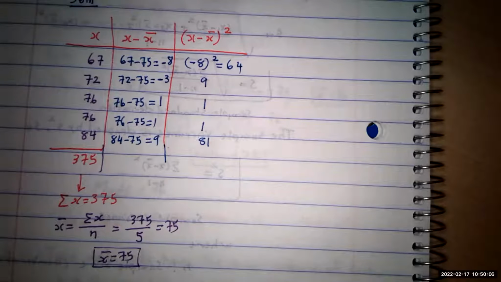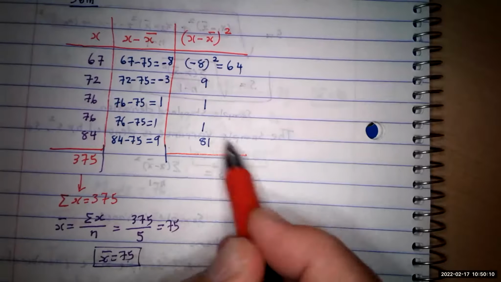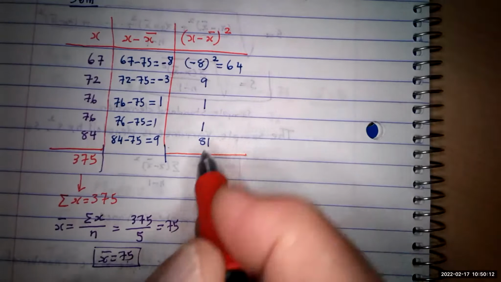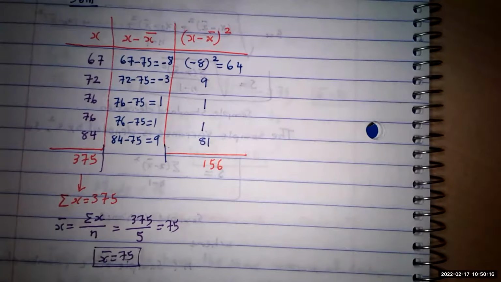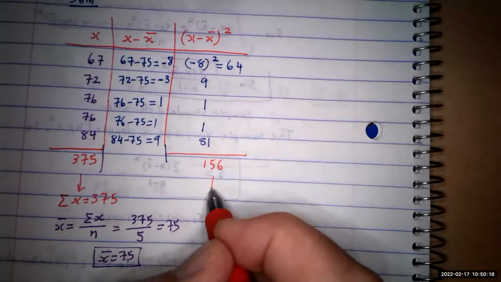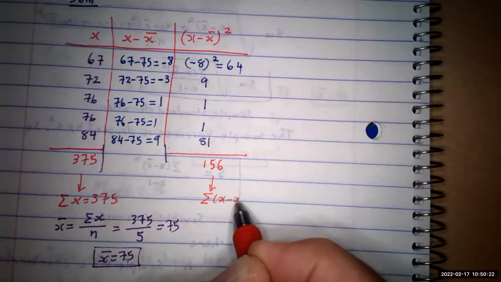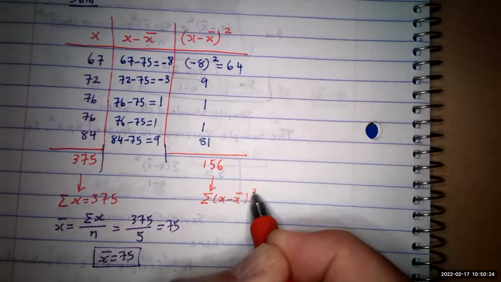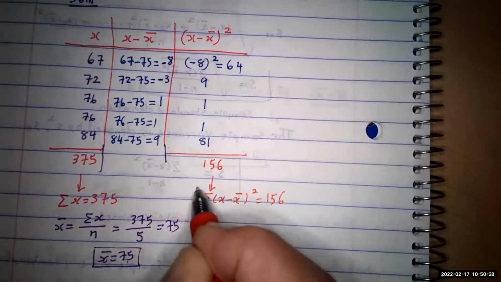Any question? You add these together. If you add them together, that gives you 156. So what is this? This is sigma of x minus x bar all squared, 156.